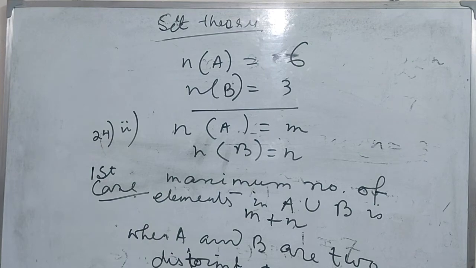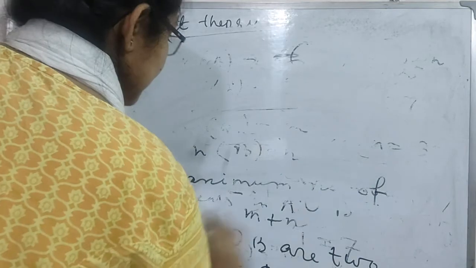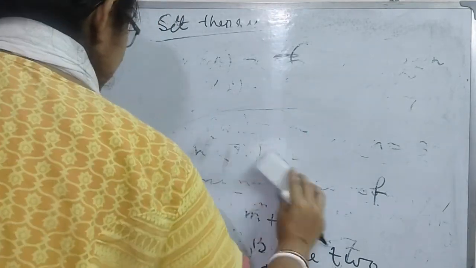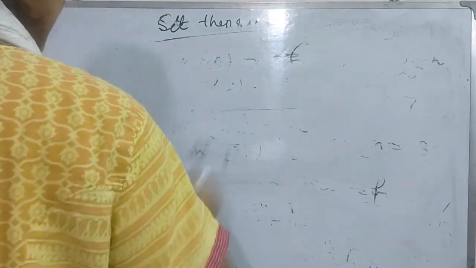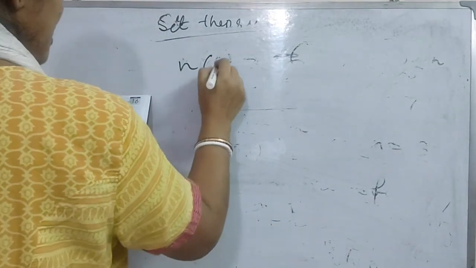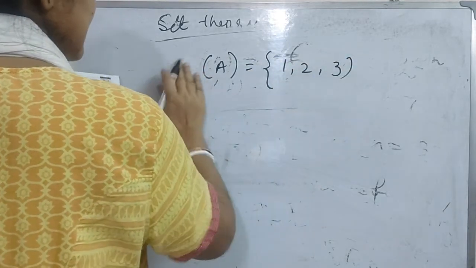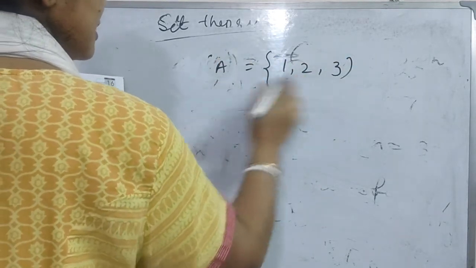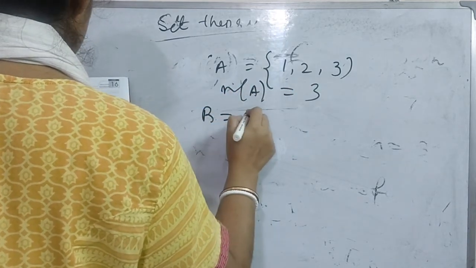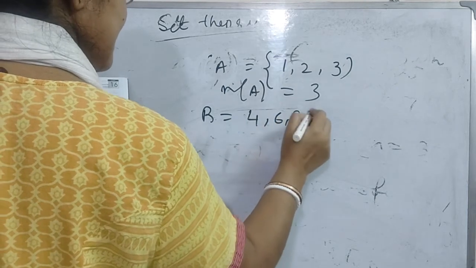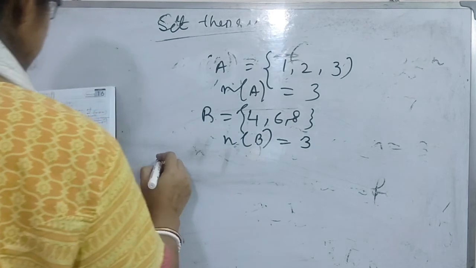So, for example, if A equal to 1, 2, 3, that is the number of elements in A is equal to 3, and B equal to 4, 6, 8, the number of elements in B is equal to 3.